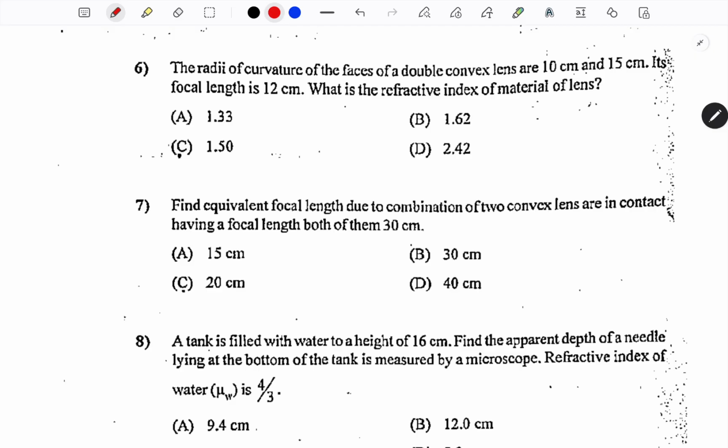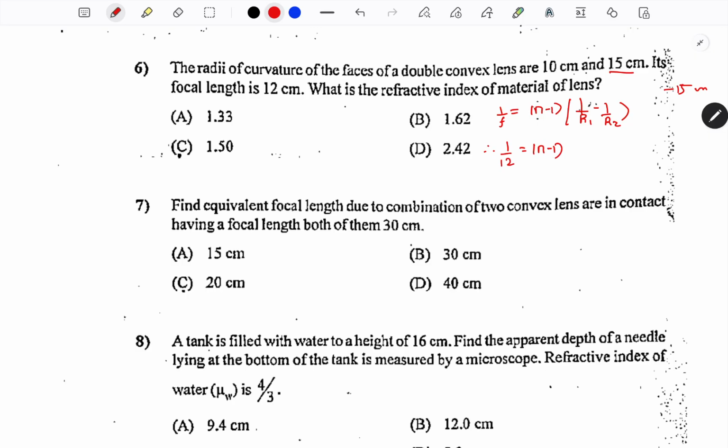We know the lens maker formula, 1 by f is equal to, one medium is air, it is not clearly mentioned, n minus 1 multiplied by 1 upon r1 minus 1 upon r2, and on the second surface it will be minus 15.